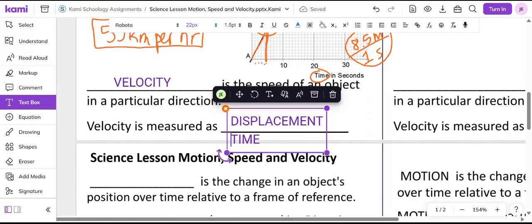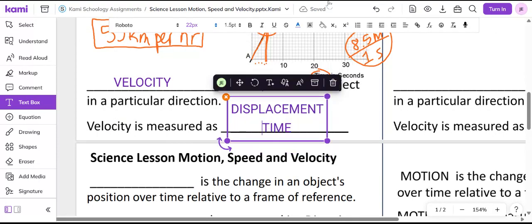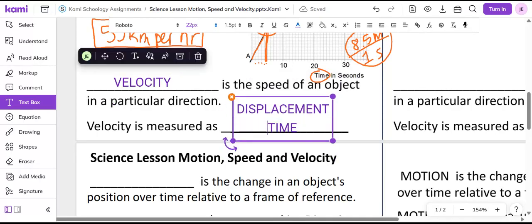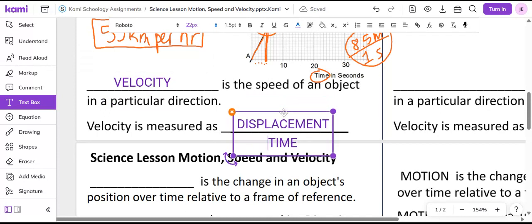Displacement over time will give us the velocity of whatever direction we're going. So speed is distance over time. Velocity is going to be displacement over time.